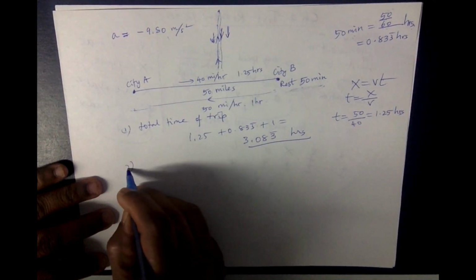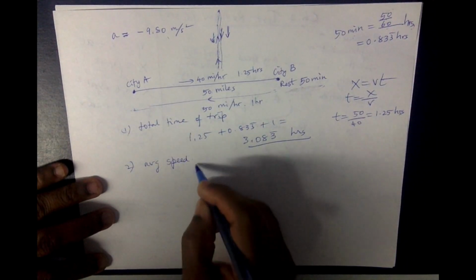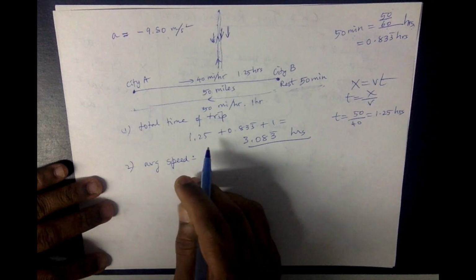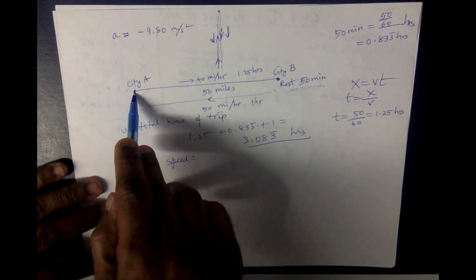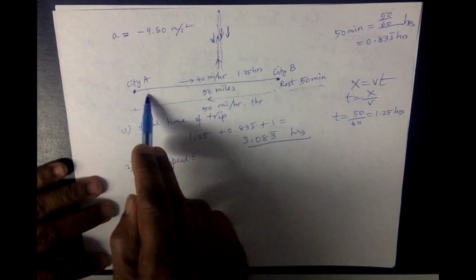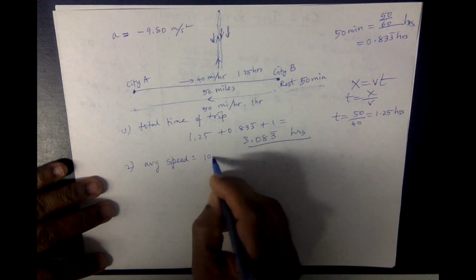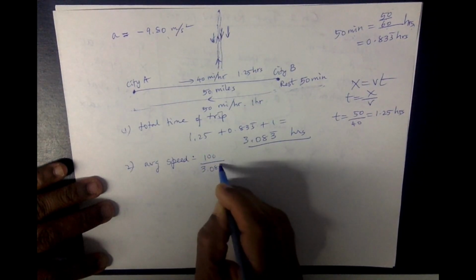Now, second question is, what is the average speed of the whole journey? You know the definition of average speed, which is the total distance over total time. What is the total distance from city A to go there and to come back here? It's 50 one way and 50 the other way, so it's totally 100. And the time taken altogether is 3.08333 repeating.